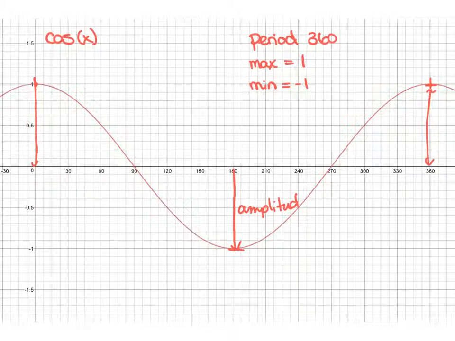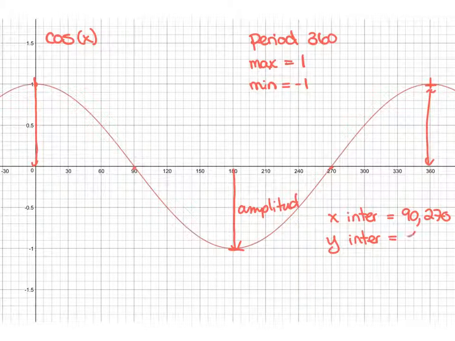Very similar. It's just that our x-intercepts are a little bit different. This time it intercepts at 90 and 270, so our x-intercepts are 90 and 270. And our y-intercept is different as well. It starts at 1.